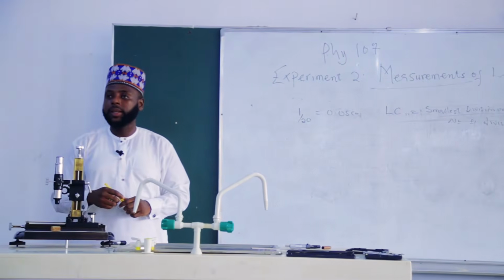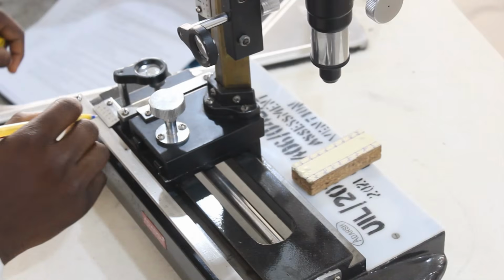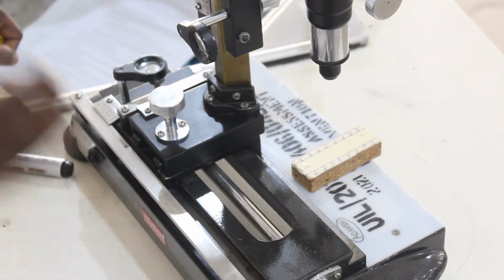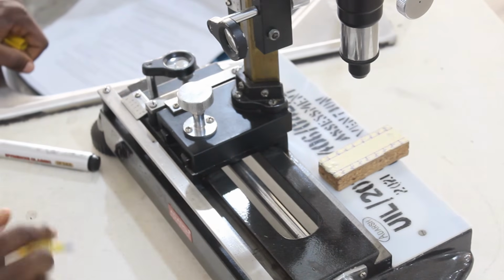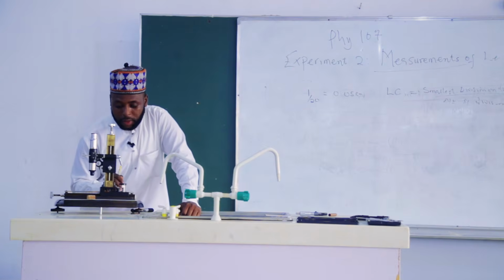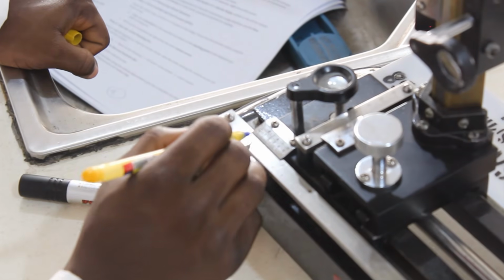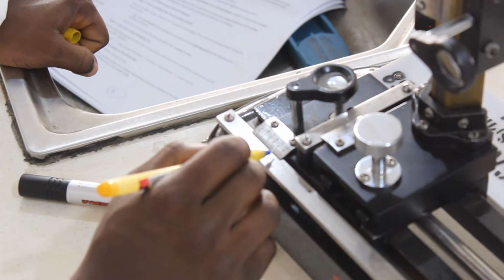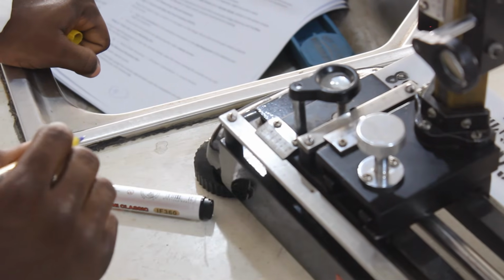So let's look at the number of divisions on the vernier scale. Our interest is to count how many divisions are on the vernier scale.